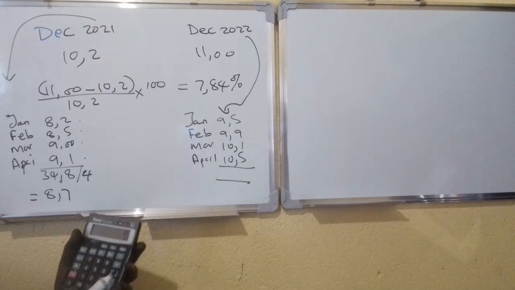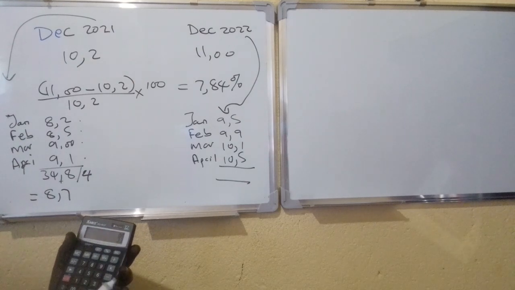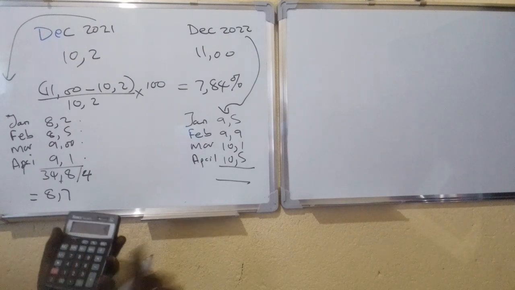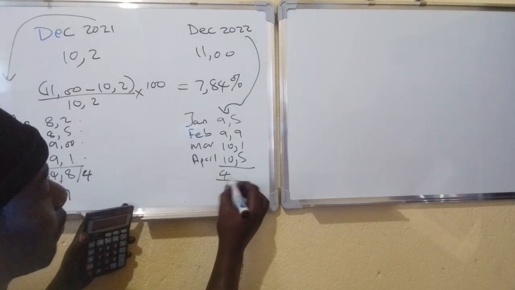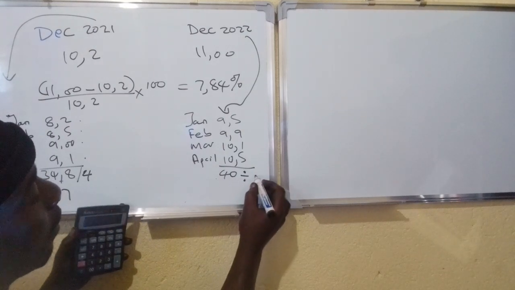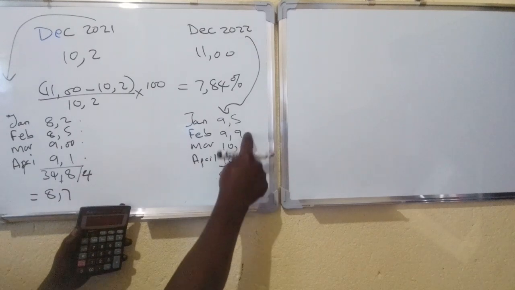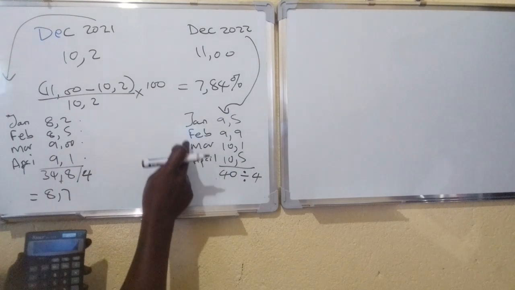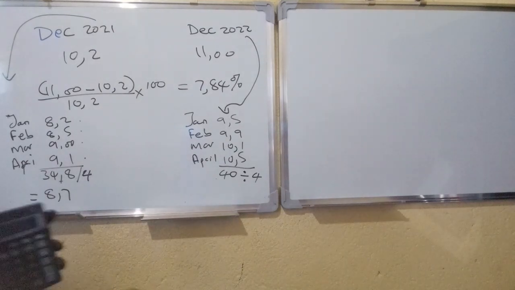Let's go this side. 9.5 plus 9.9 plus 10.1 plus 10.5. Here we have 40. And then we're going to divide by 4 months. 1, 2, 3, 4. I said in practice, you will have January, February, March, April, May, June, July, August, until December.